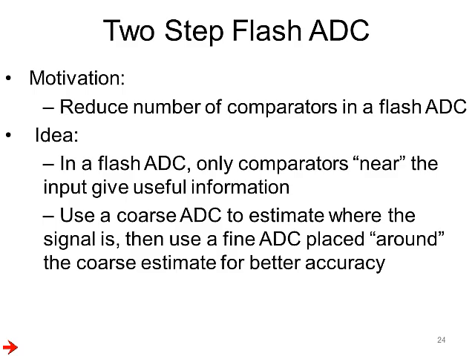In a flash ADC, it's only comparators which are near the input which give relevant information. So if one could use a coarse A to D converter to estimate where the input approximately is and use a fine ADC to digitize the difference between the estimate and the actual input, then one could achieve high resolution using a lot fewer comparators.